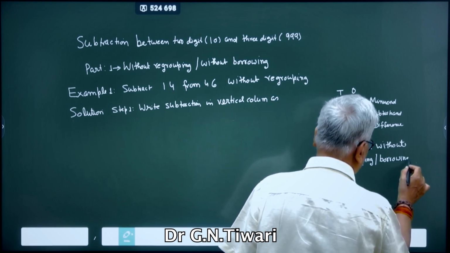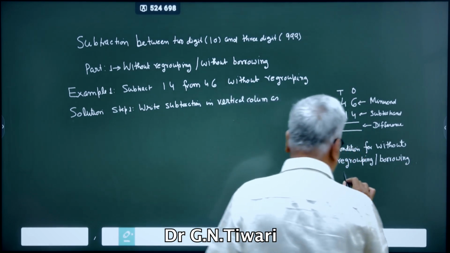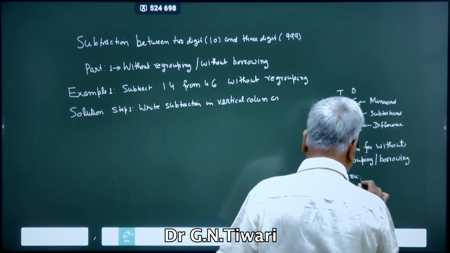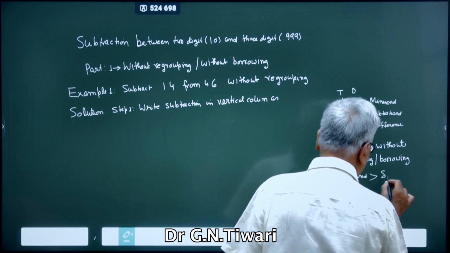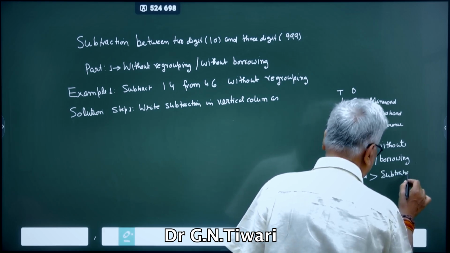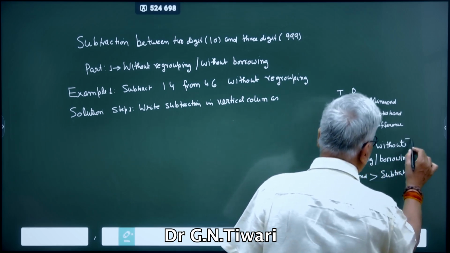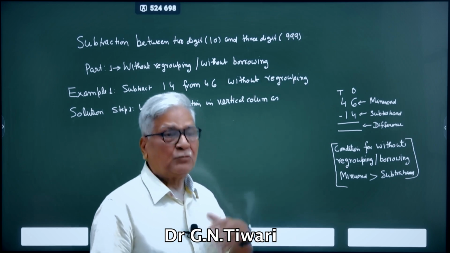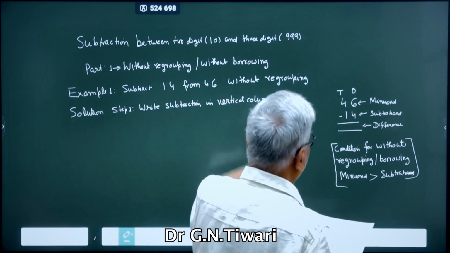This is very important. So what is the meaning of that? Meaning is that minuend should be greater than subtrahend. This is very, very important to define the meaning of without borrowing or without regrouping. Now you have seen this one.